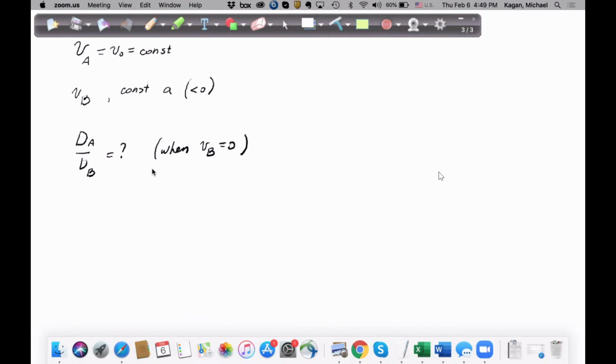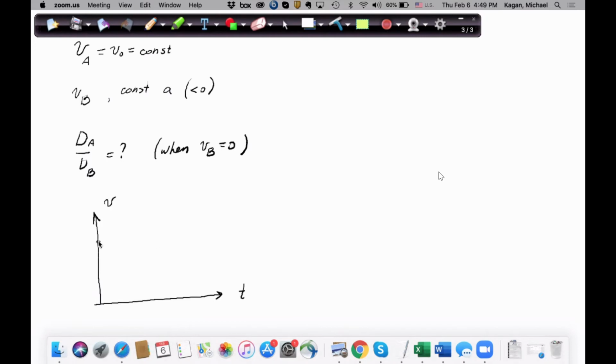So let's do that. Let's sketch a velocity versus time graph, and let me mark V naught here.